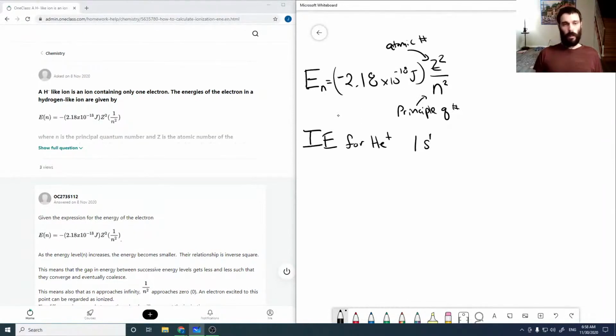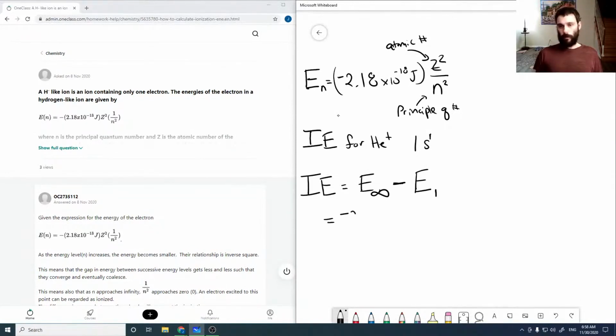So it's a hydrogen-like ion, meaning its energy levels are given by this expression. The ionization energy, or the first ionization energy, if you only have 1 electron, is given by the difference between infinity and your highest orbital. In this case that is just 1, as it only has a 1s1.